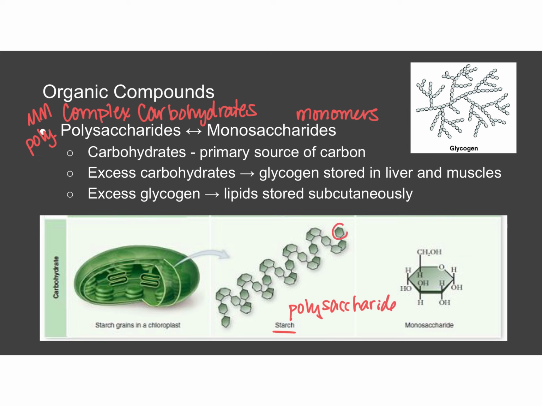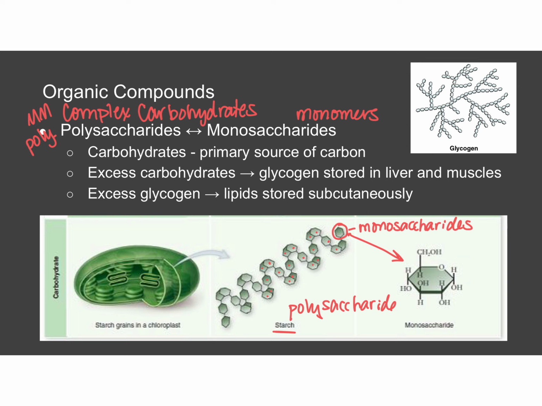And it is made up of these individual monosaccharides, which are the monomers that are bonded together. So each one of these little hexagons is a monosaccharide bonded to more monosaccharides. If we were to take just one of these and look at its structure, it would look something kind of like this.